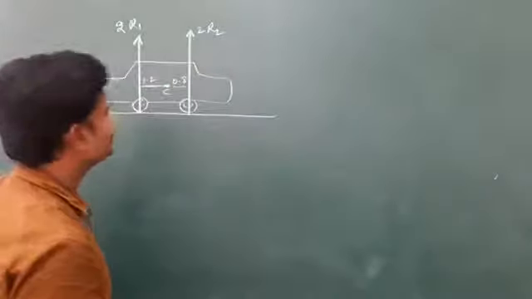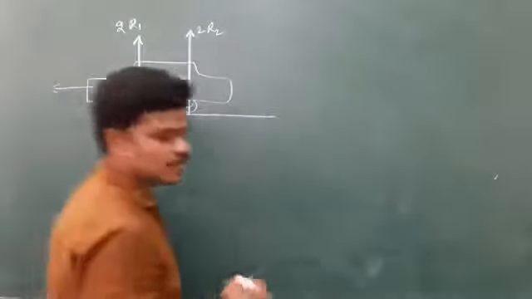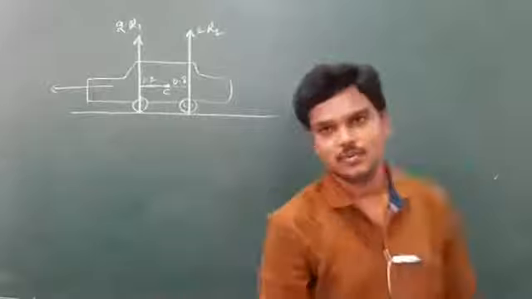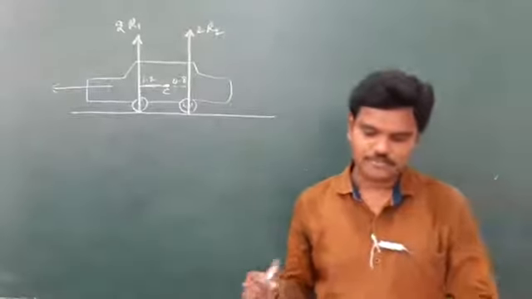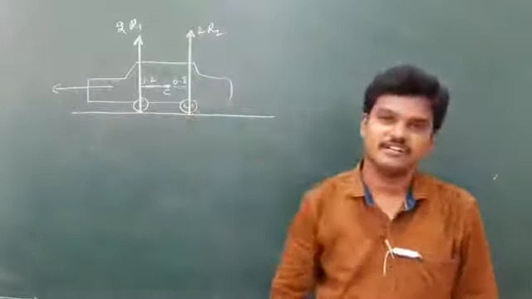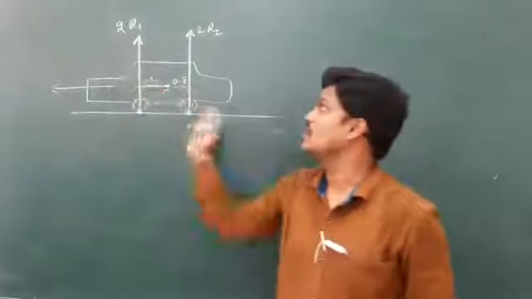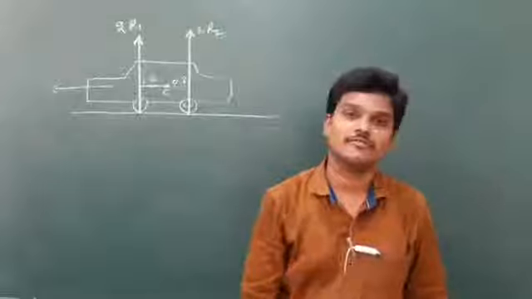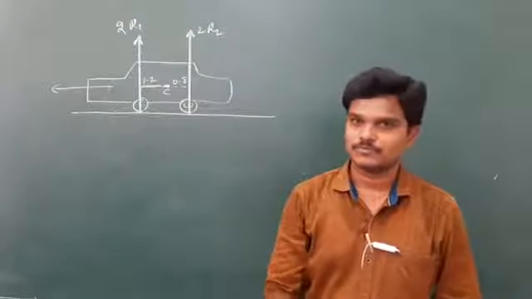Now the target is to find R1 and R2. They are asking for the force exerted by the level ground on each wheel. So front 2R1, back 2R2. We need to find the R1 value and the R2 value.